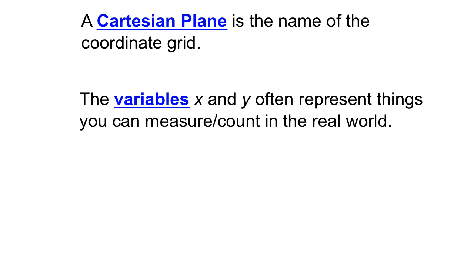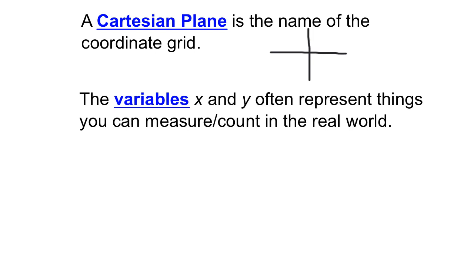So you may remember you've got an x-axis, a y-axis, and you plot points on the grid. These variables, x and y, often represent things that you can measure or count in the real world.